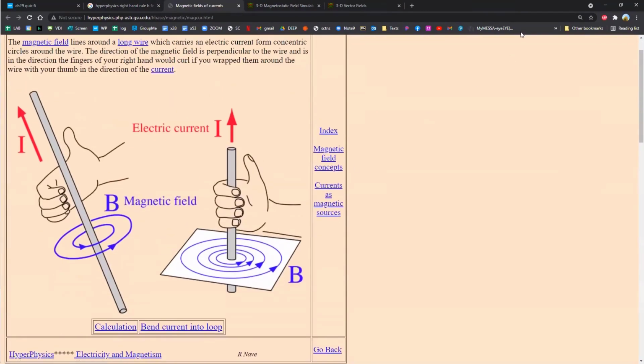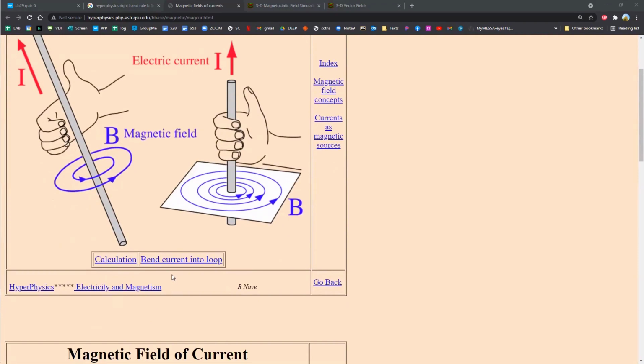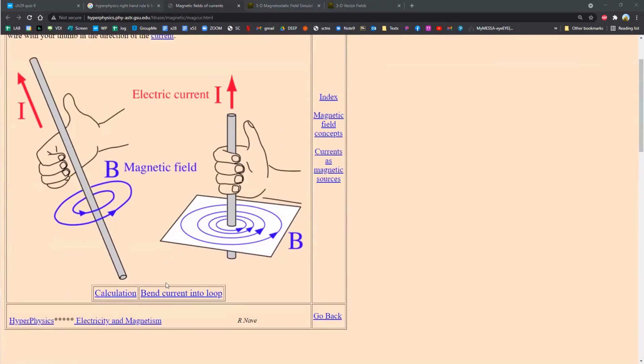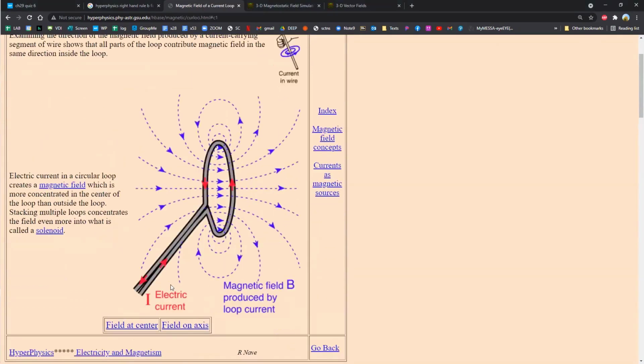All right, so you play this right-hand rule game at every point along that current carrying loop. And again, right here, this is a current carrying straight wire. I'm going to click this link right here called bend current into loop. There it is. That's it.